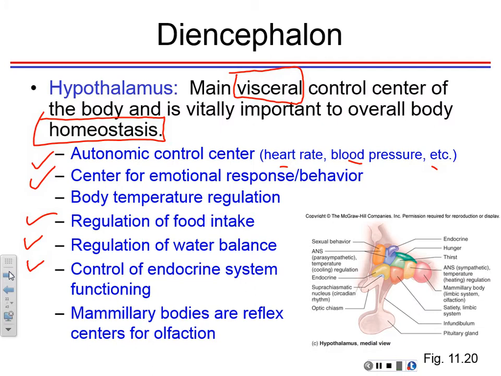So it controls the endocrine system because it produces hormones. Remember we did the endocrine system and all the hormones. Because the hypothalamus releases all these hormones, remember we talked about how the hypothalamus controls the anterior and the posterior pituitary, and I think it was in the exam too.